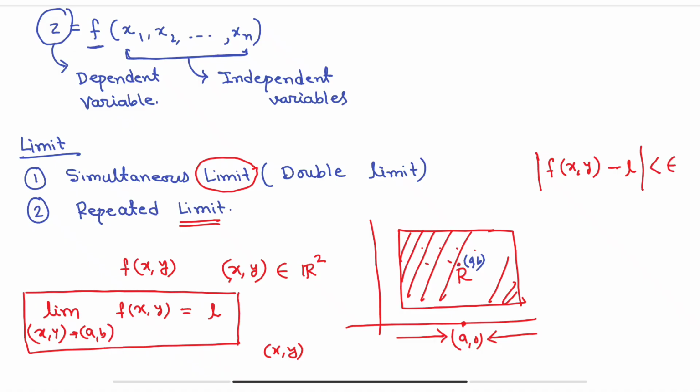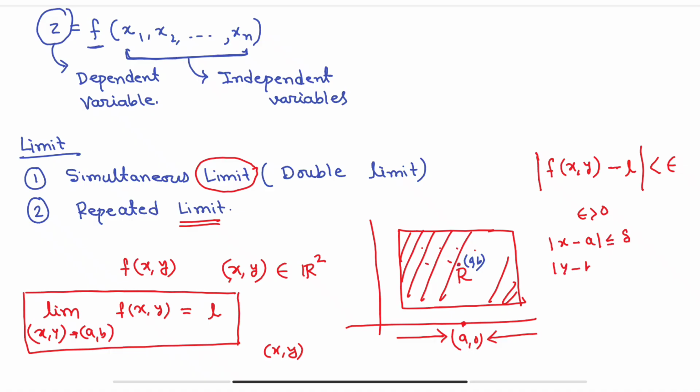Now what is epsilon? Epsilon is the smallest positive number, as small as you can choose. Epsilon is obviously greater than 0. In this case, since the point is a comma b, the distance of the x coordinate and the point a will be less than or equal to any positive number delta.